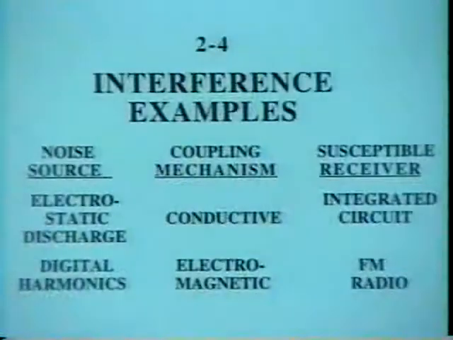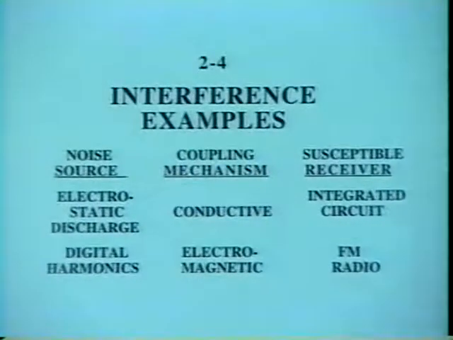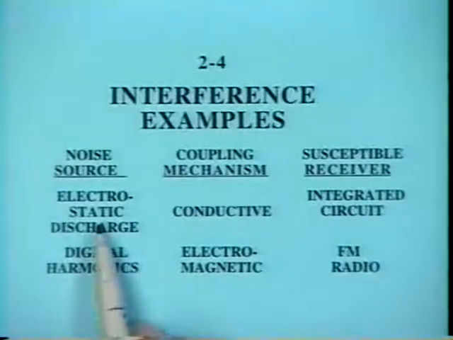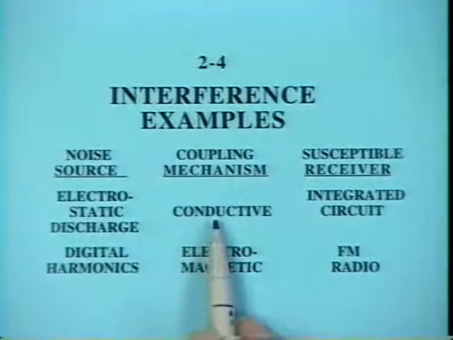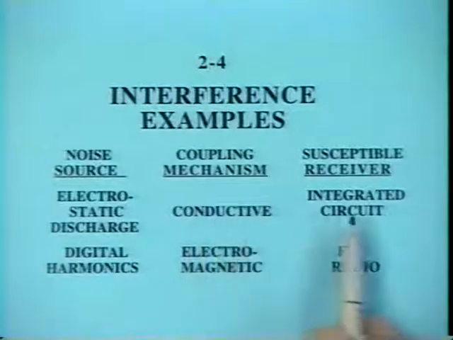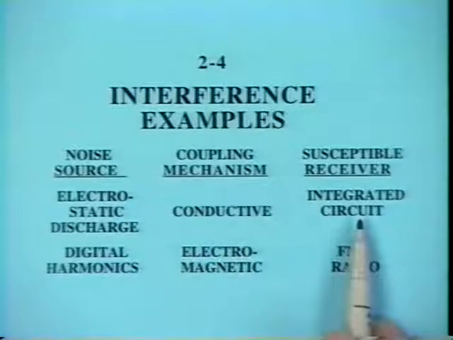Here's a couple of simple examples. Let's say we have electrostatic discharge, which is coming from our finger because we have touched an exposed connector pin, and this electrostatic discharge has gone from our finger through the pin, which is a conductor, through a wire, onto a circuit board where it's actually damaged an integrated circuit.